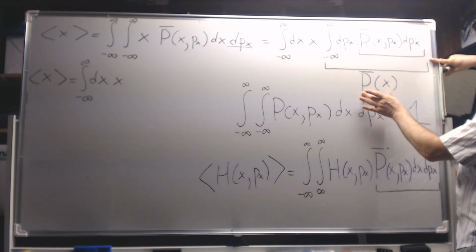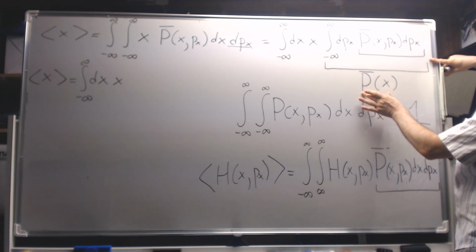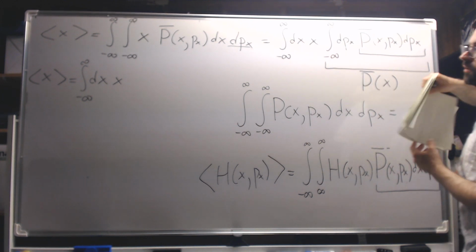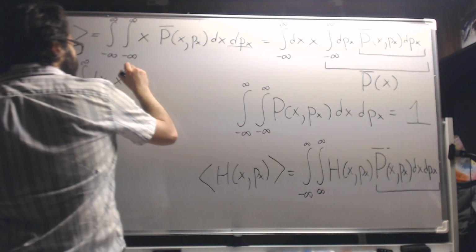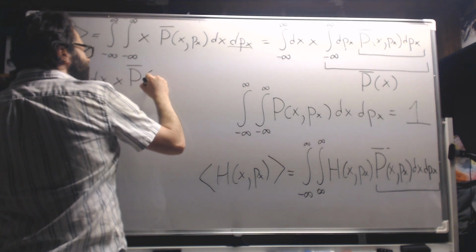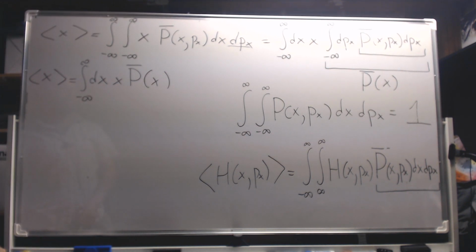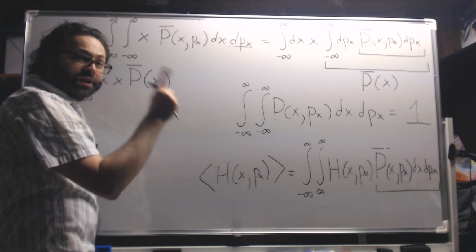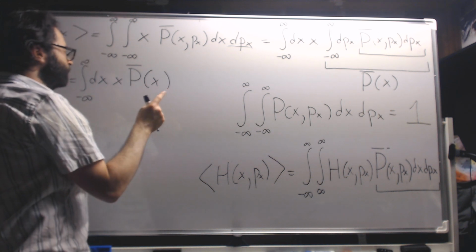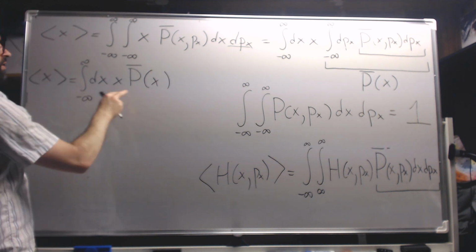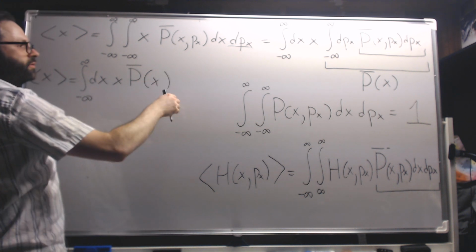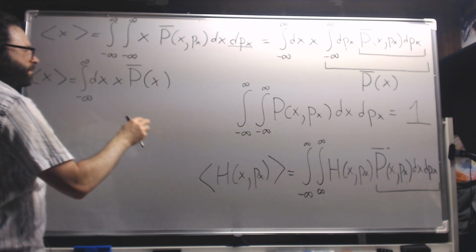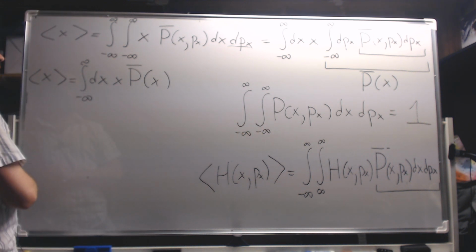And so in this question we are saying we don't care what the specific momentum of the particle is. We just want to know what the position of the particle is for all possible momenta. And so now this is replaced by just the probability density to have position x. And so even though the probability density is a two-dimensional function for a single particle in one dimension, when you want the probability of x, the integral over dpx, because the probability density is normalized for the px, gives you a quantity that depends only on x.